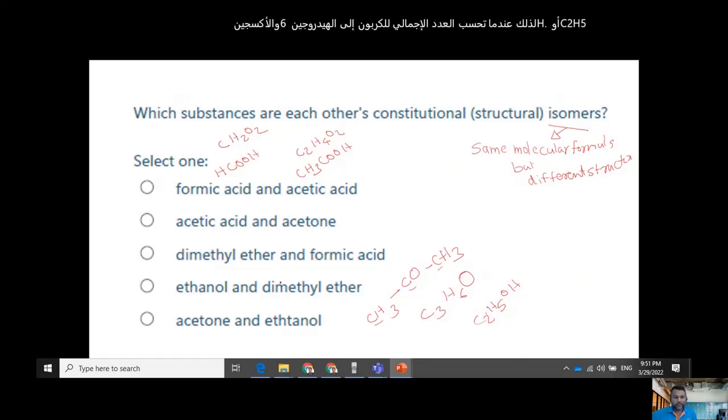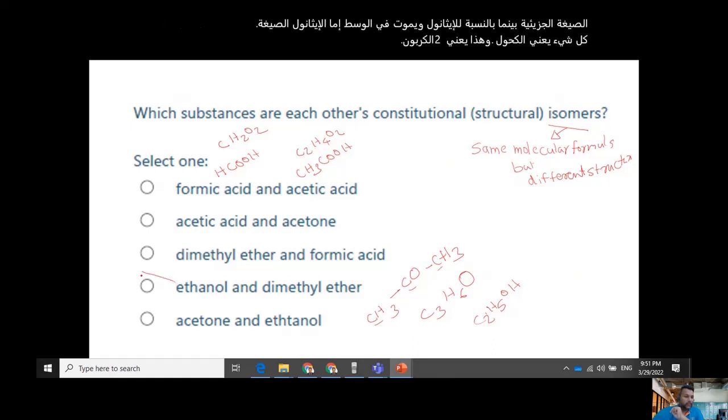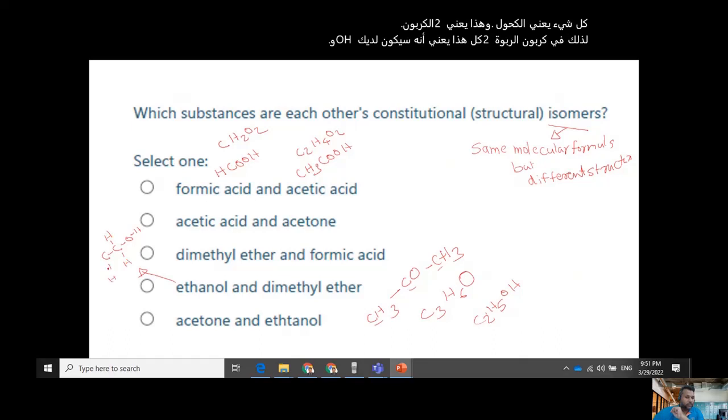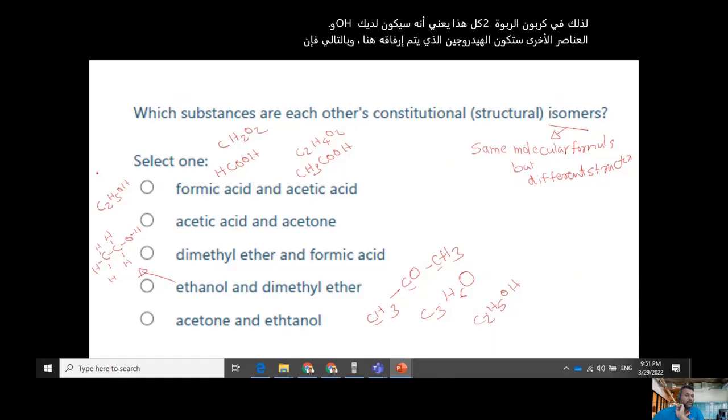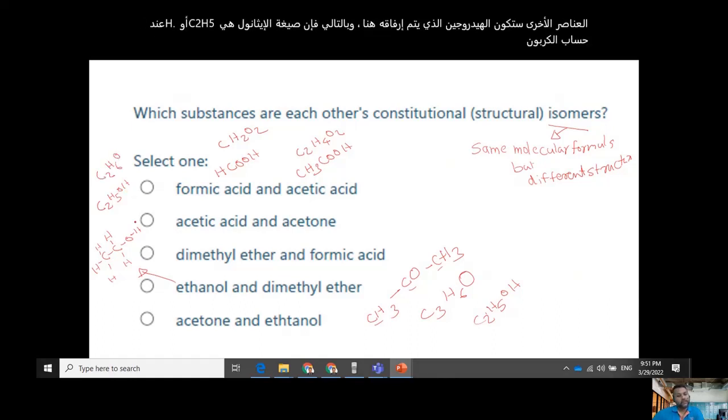Whereas for ethanol and dimethyl ether: in ethanol, eth means 2 carbon, ol means you will have OH, and the other hydrogens are attached here. So the formula for ethanol is C2H5OH. When you count, carbon will be 2, hydrogen total 6, and oxygen 1.